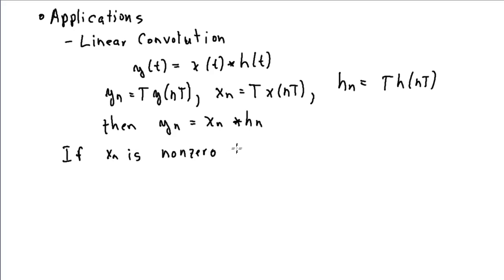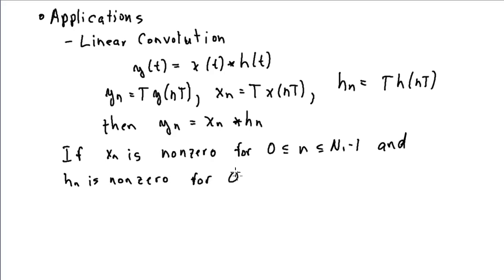So if x of n is non-zero for n between 0 and N1 minus 1, we'd say that x of n has N1 non-zero samples, and similarly h of n is non-zero for n between 0 and N2 minus 1, or in other words, h of n consists of N2 non-zero samples.